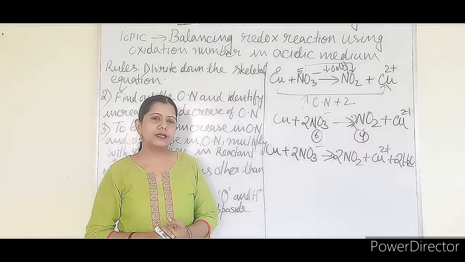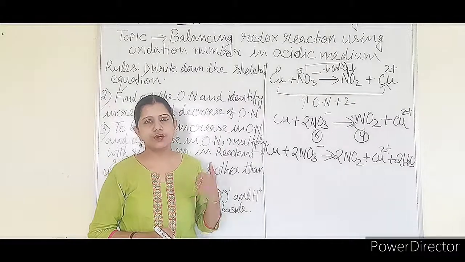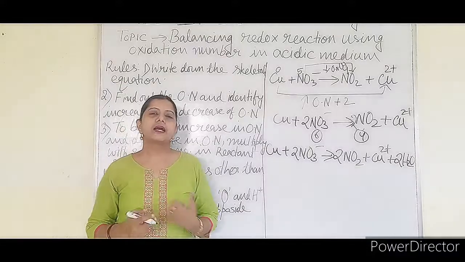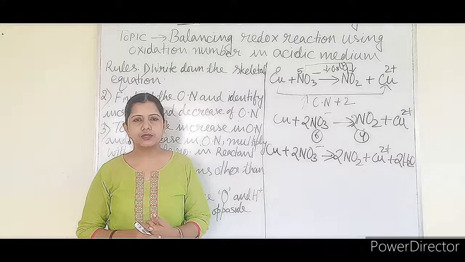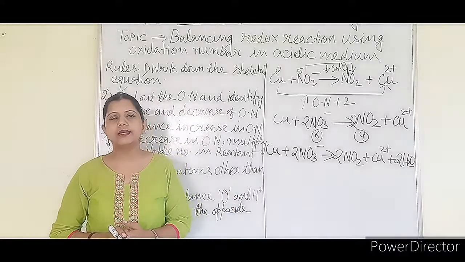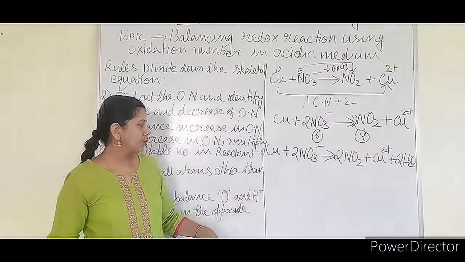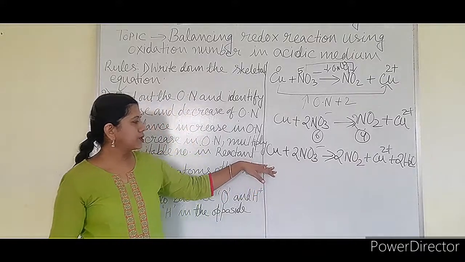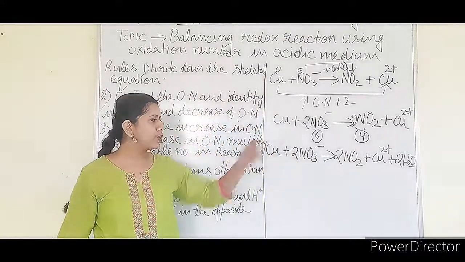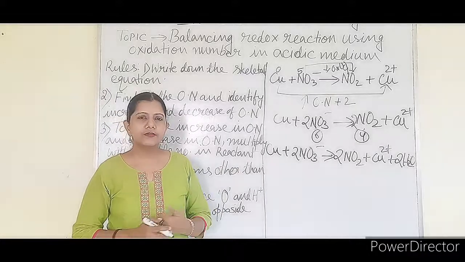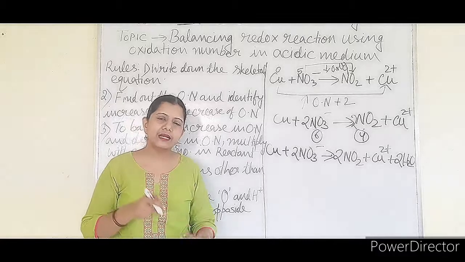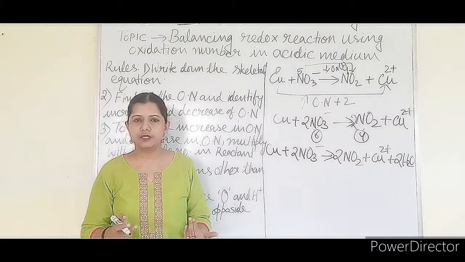Now I have to balance the number of hydrogen. So for that, what rule am I going to use? Rule was here. I told you to balance hydrogen, you have to add an equal number of H positive ions in the deficient side. So this side no hydrogen is there, and in this side 4 hydrogen is there. So my final equation will be, in the reactant side I will add that many H positive ions.